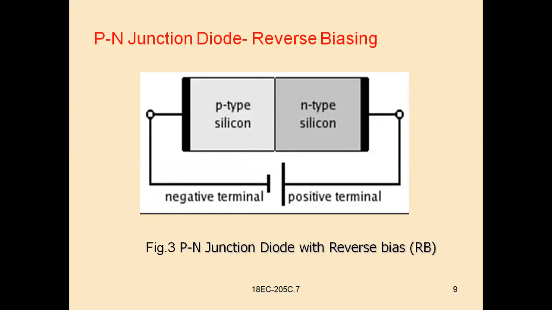Once you observe this diagram, how has the connection been made? If we observe the battery terminals, the P type is connected to the negative terminal of the battery and the N type of the diode is connected to the positive terminal of the battery. This type of connection can be viewed as reverse biasing.